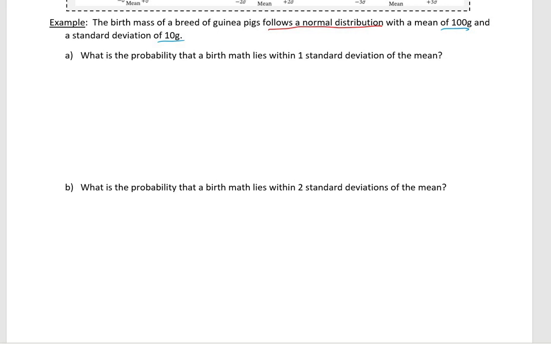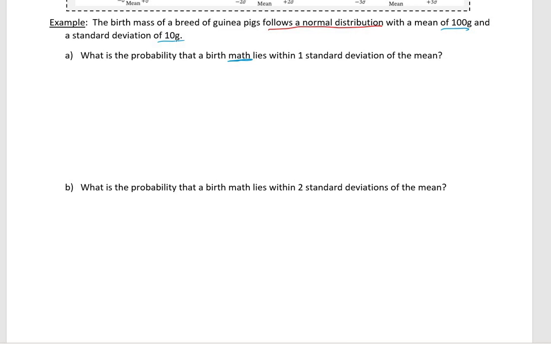So what's the probability that the birth mass, I think that's an autocorrect error. Whoops, we'll fix that for next time. What's the probability that the birth mass lies within 1 standard deviation of the mean? So from above, we know it should be 0.68, 68%. But let us check that out for ourselves.